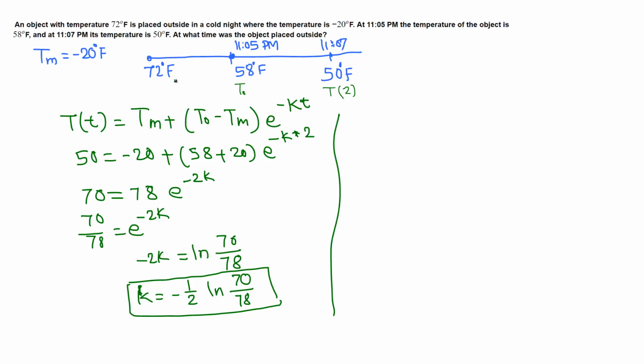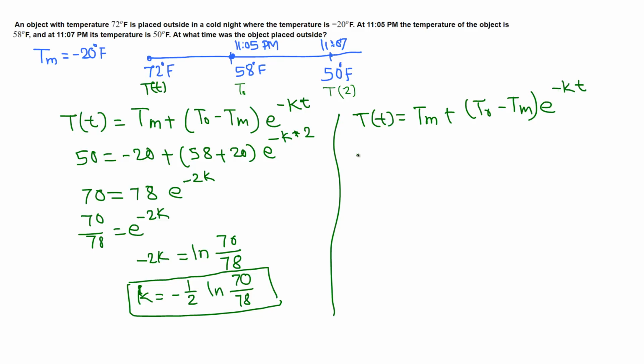Now let's go back. This will be negative time because we said this is the initial, but negative means that the object was placed outside that much earlier, and we can figure out the time. This is still T naught, and this will be T at any time t, and we want to determine this time. Again, using the same formula, the temperature at any time t is given by Tm plus (T naught minus Tm) times e raised to negative kt.